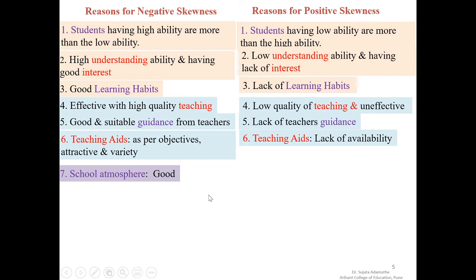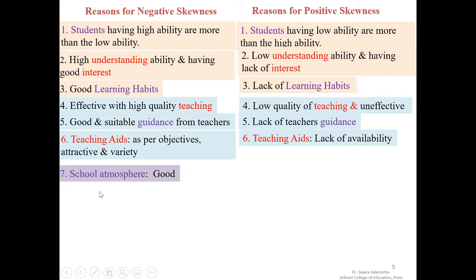Next point is, if the school atmosphere is very good, the students like it, they are very interested to come to school, and the coordination among all people in the school is very good. Communication with the teachers, with the other people, or with the other students is very good. There is freedom for students to study, to go to the library, to go to the lab.